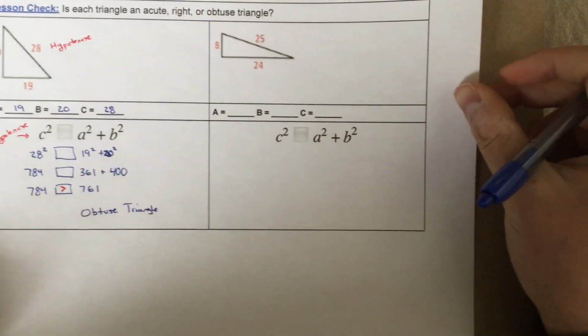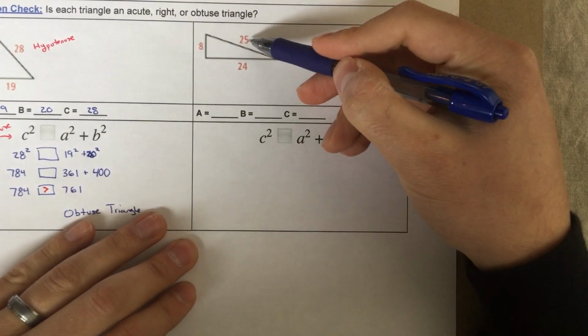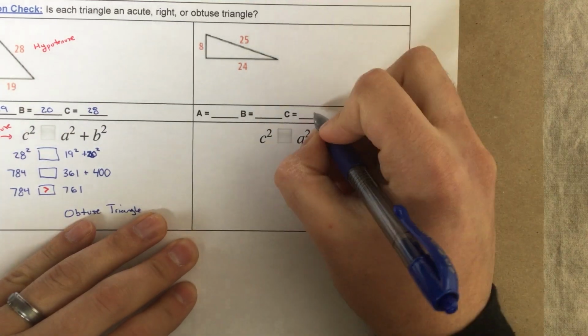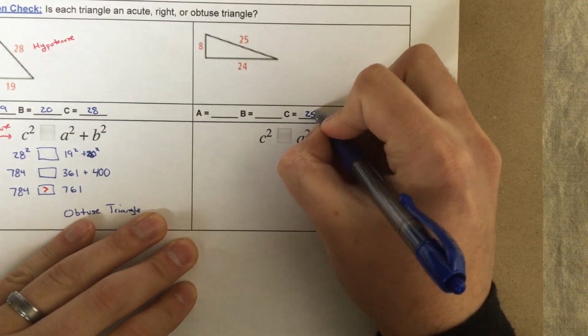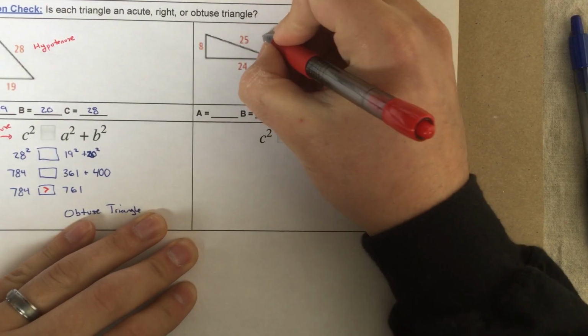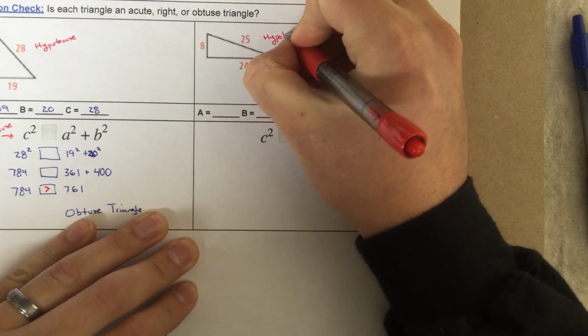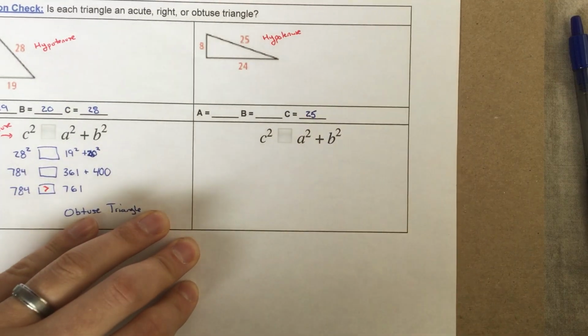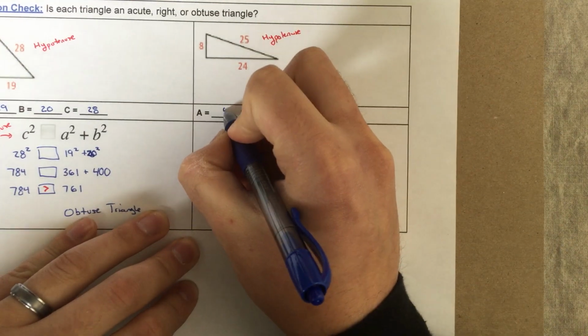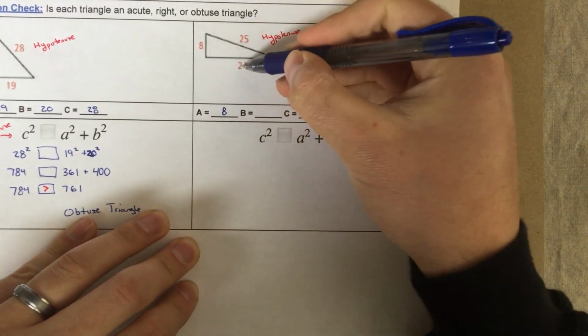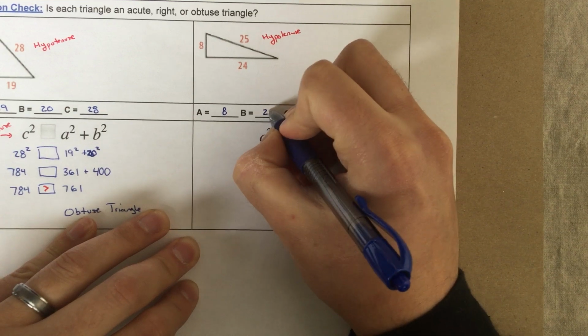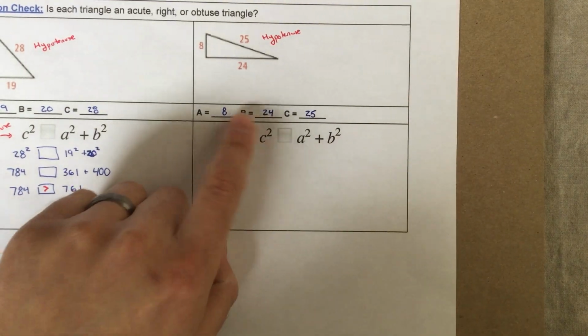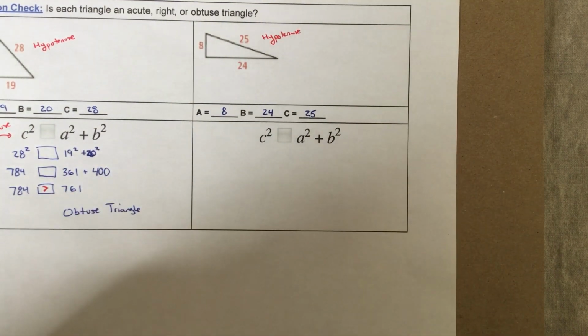Let's take a look at the second one. 25 is our largest number, so this is going to be our C. This is our hypotenuse. I'm going to choose A to be either 8 or 24. The B is, in this case, going to be 24 if I chose A to be 8.